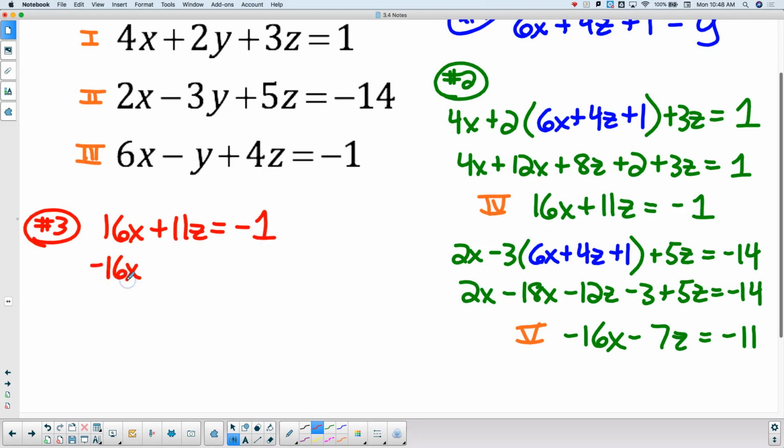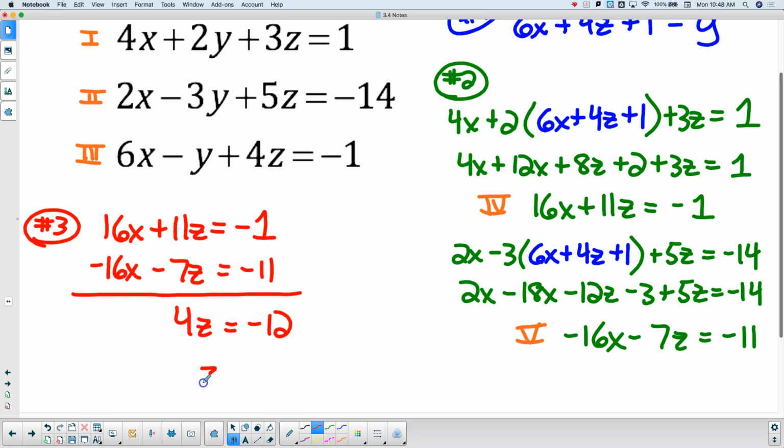Negative 16x minus 7z equals negative 11. Add those two equations together. 4z equals negative 12. So z is negative 3. Agree? Okay.